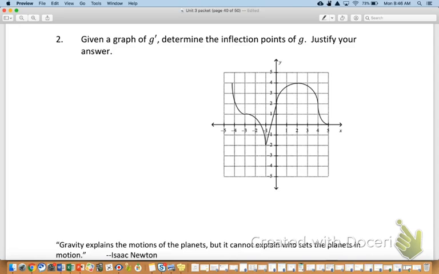So that justifying your answer is when you say, I think the inflection points are here and here because, and the thing that comes after the because would be your justification. So it could be tricky. Please remember you are given a graph of g prime, not a graph of g, not a graph of g double prime. So having these key takeaways super solid in your mind will certainly be a key for you.